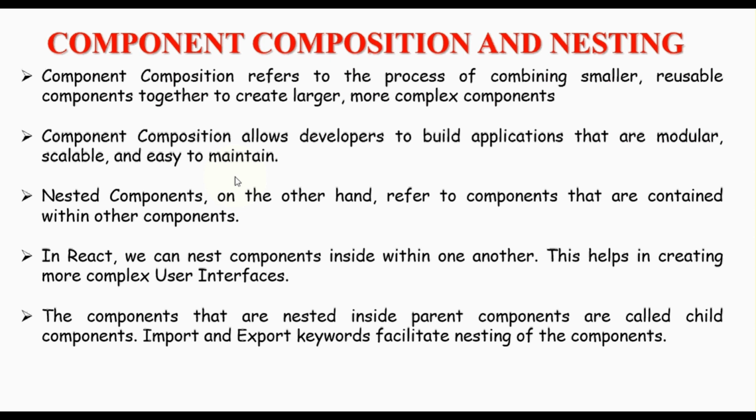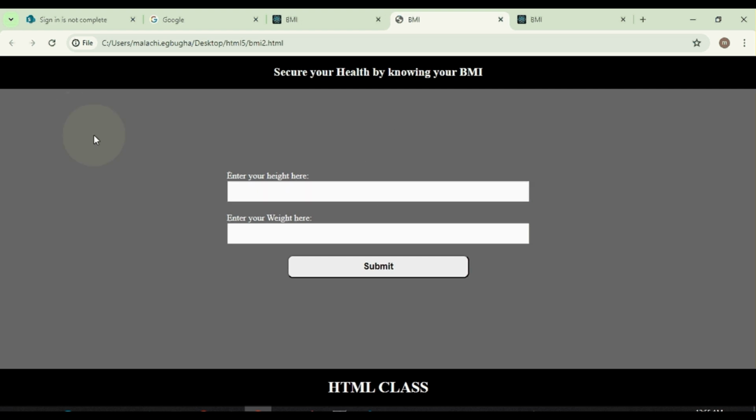Let's look at this application, for example. This is our BMI component. Our BMI component has two text inputs and a button component. Depending on your design pattern, some people can choose to write these text inputs and the submit button as a single component together with our BMI body.